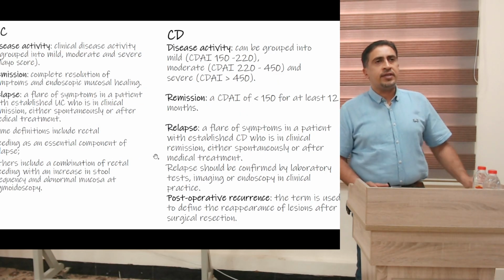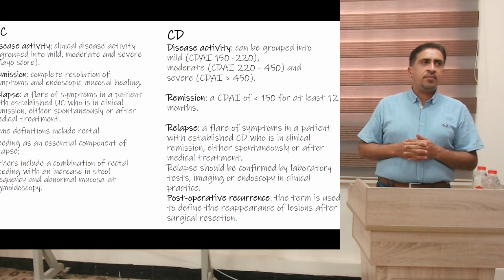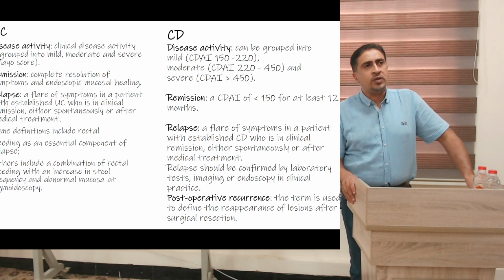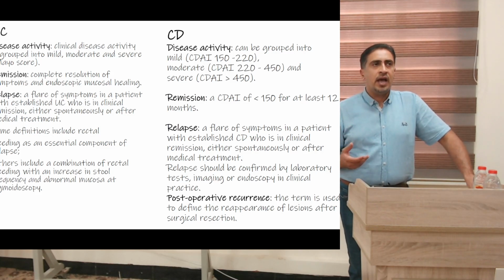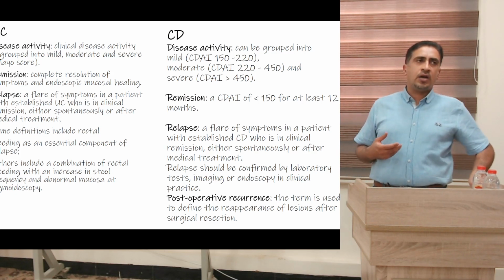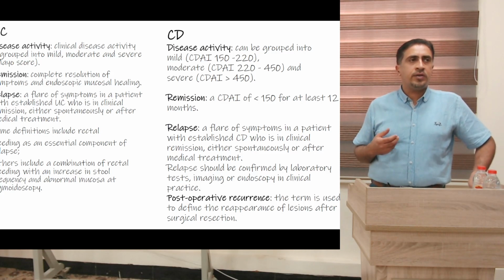So there are some definitions you need to know about each disease. For example, if you ask whether the patient has active disease, you need to know whether the patient is having active disease or not. When we say this is active disease, it means the patient has activity of disease. They have symptoms, and usually we score ulcerative colitis according to the Mayo score, whether they have mild, moderate, or severe disease.